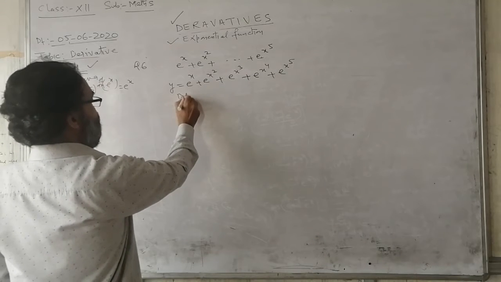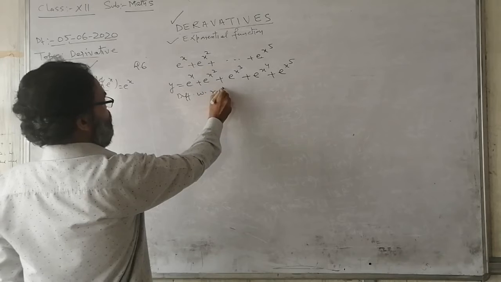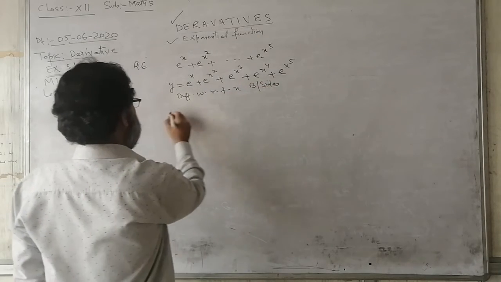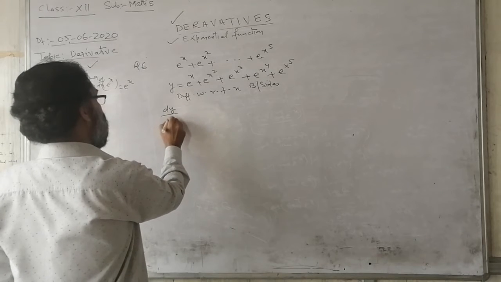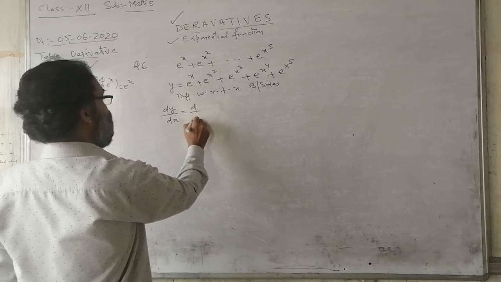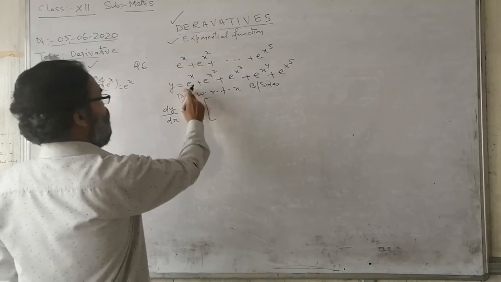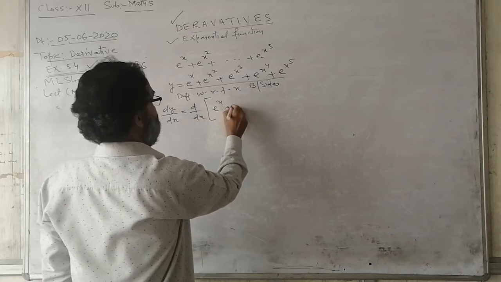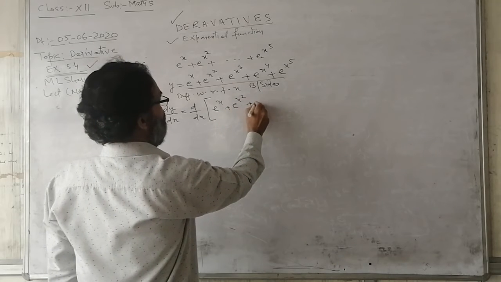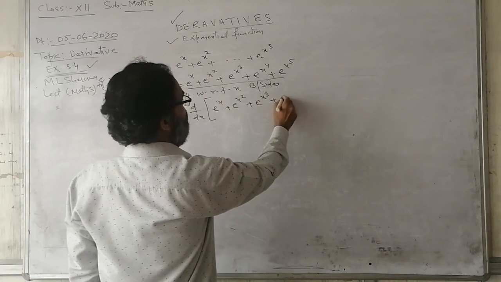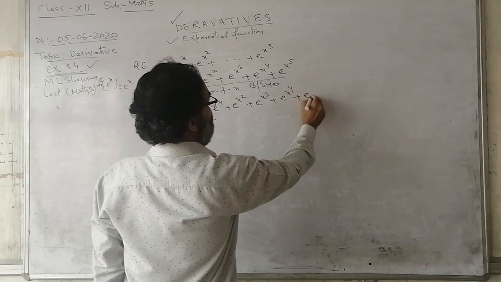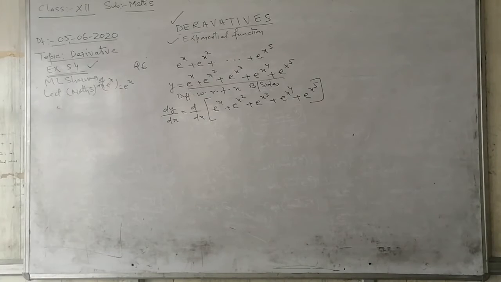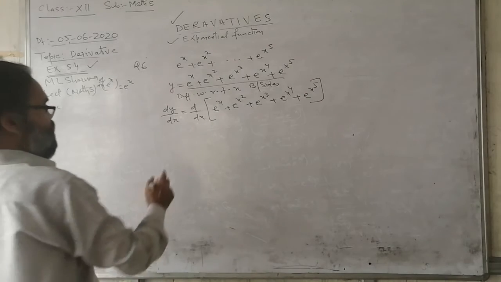So differentiate with respect to x both the sides. dy upon dx will equal to d upon dx of all these 5 terms. So e to the power x, e to the power x square, e to the power x cube, e to the power x to the power 4 and e to the power x to the power 5. So derivative of all the 5 terms.